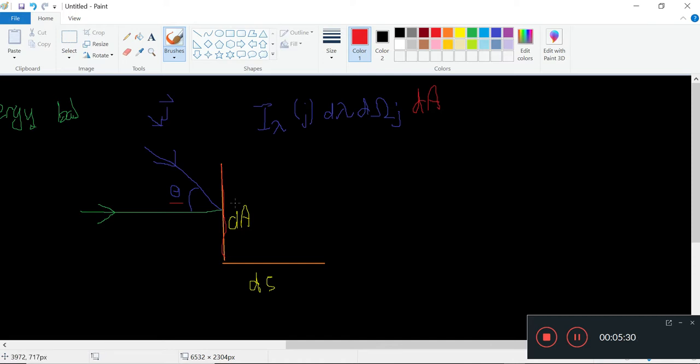But once it's off, we will need to do some trigonometry. Normally what we do is just have the cosine of theta. Why is it cosine theta?